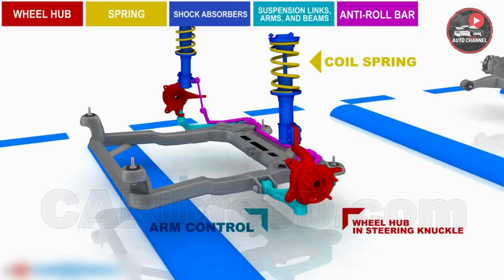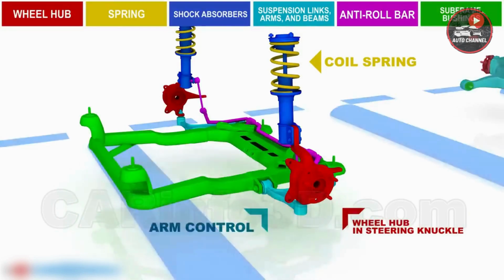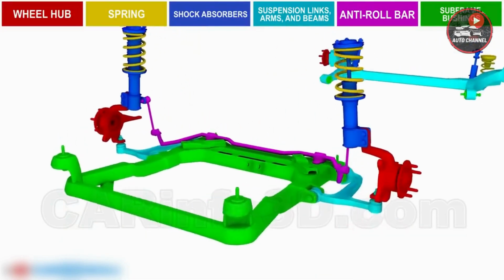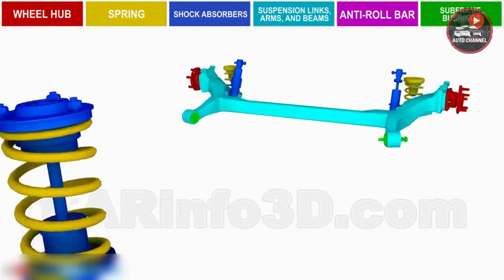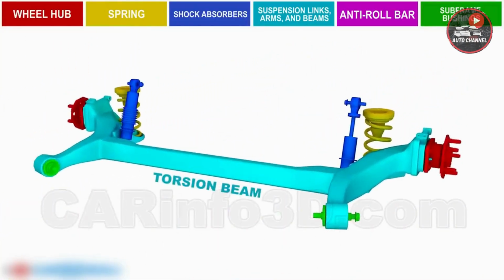The anti-roll bar. The subframe and bushings. The front bar of the suspension system uses McPherson struts, which are very popular among car manufacturers. On the rear axle, we can see a semi-independent suspension with a torsion bar.